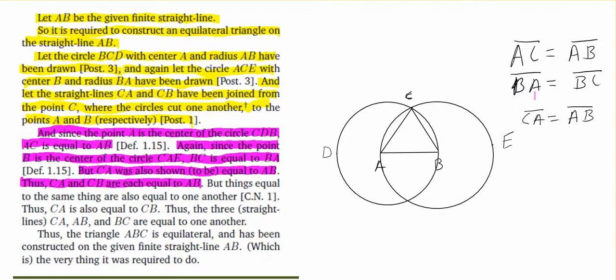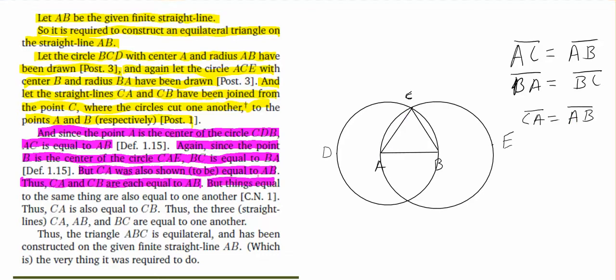We're saying BA is equal to BC. Okay, it's another way of writing CB is equal to AB. Then we have CA is equal to AB. So what it's saying is all these different sides are equal to each other.